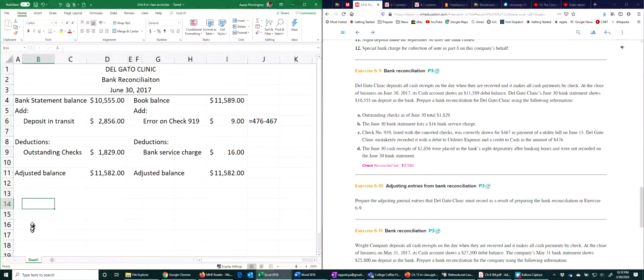I'll actually drop it down below so we can see that. All right. Now, the good thing about making journal entries is you already have half the journal entry, because if it's an addition to cash, you're debiting cash. If it's a deduction from cash, you're crediting cash. All right.